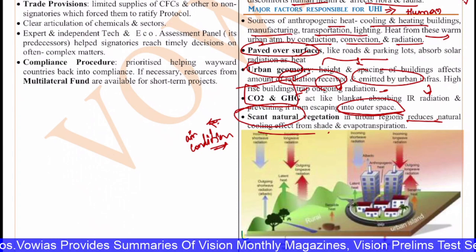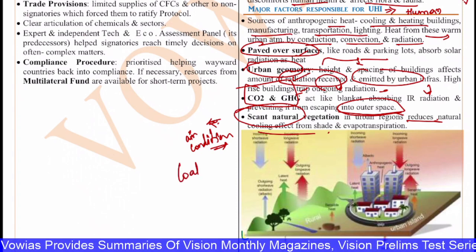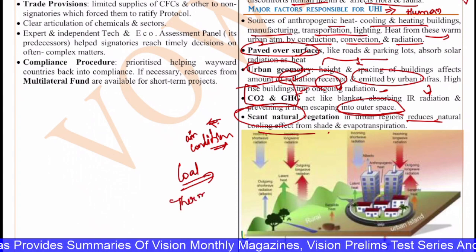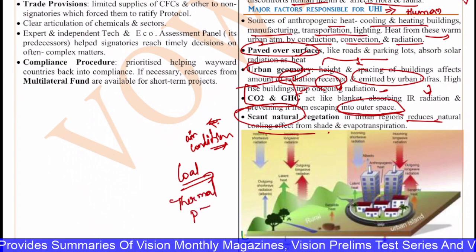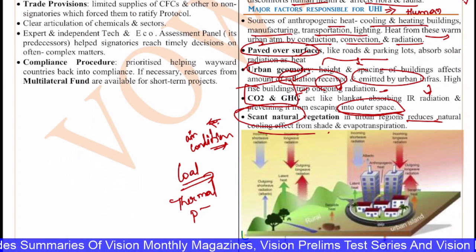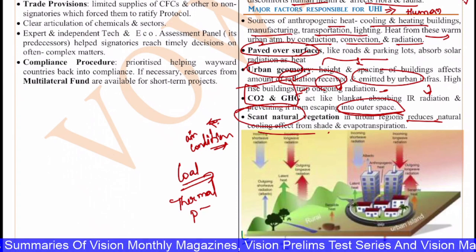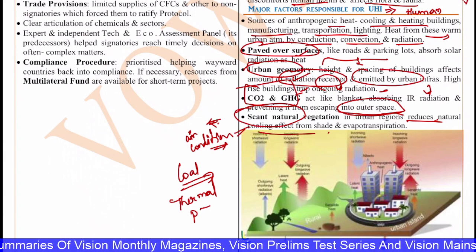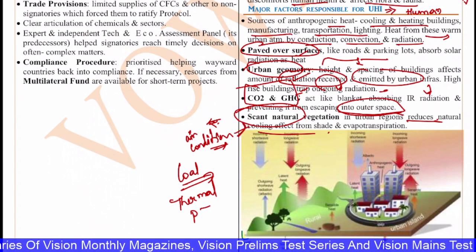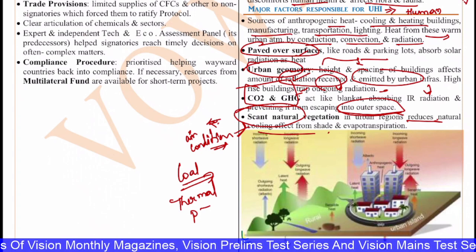And also you can talk about the thermal power production units near the urban areas, because the urban areas need continuous electricity supply. So that also we can show. And the less vegetation, these are the various important factors that are responsible for the urban heat island.